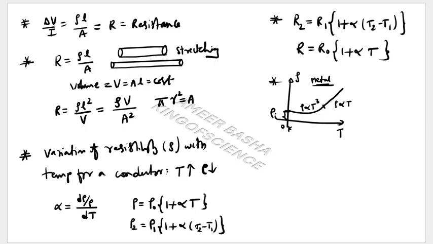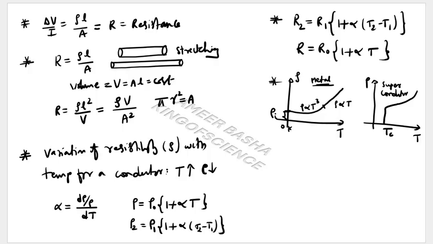Another important thing I need to discuss is the superconductor. For a superconductor, the things are different. With decrease in temperature, resistivity decreases abruptly at a certain temperature known as the critical temperature. Resistivity will become 0. This type of materials are known as the superconductors.